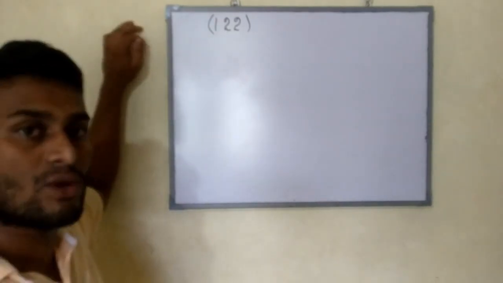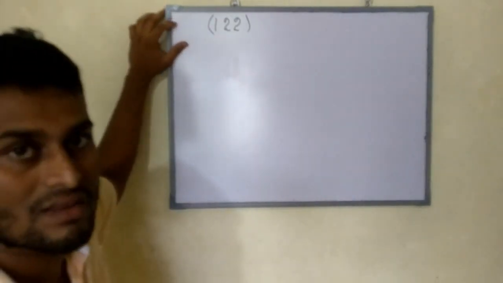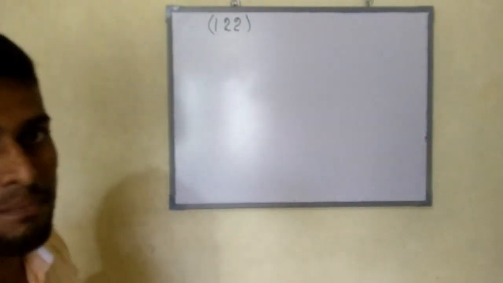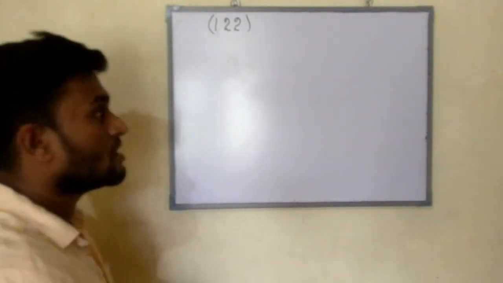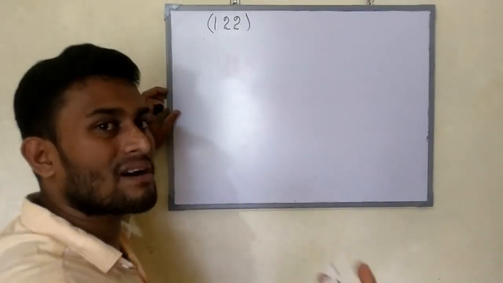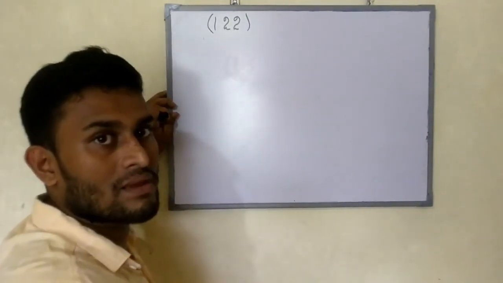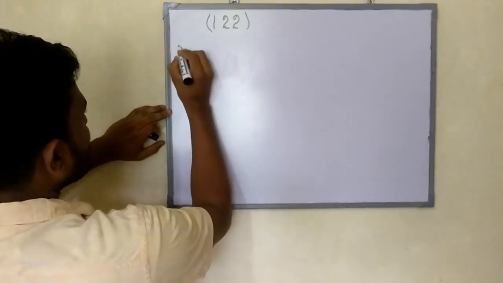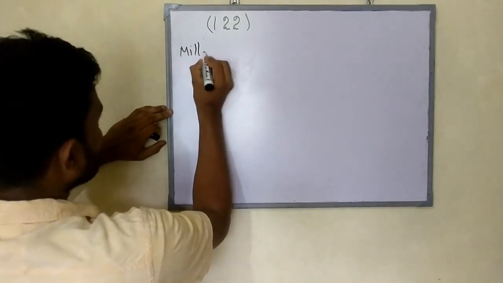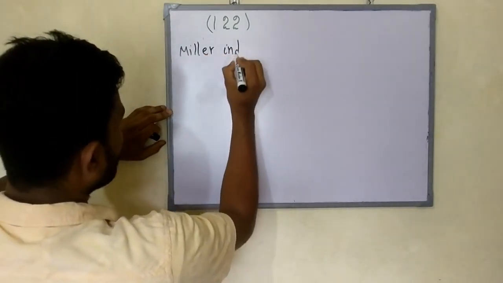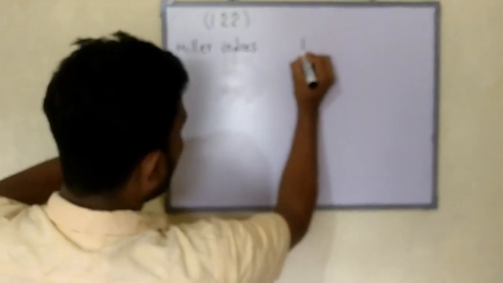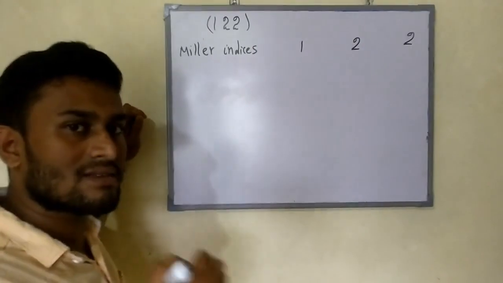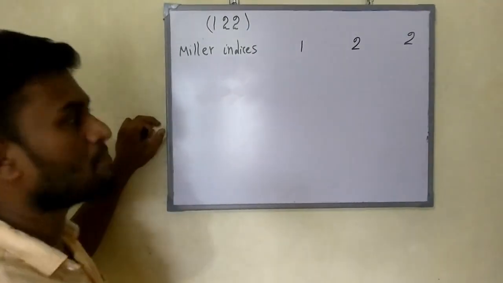Here they have given you particular Miller indices of a plane. Now you want to find out what the intercept lengths are. Here also you can think about the previous steps, but backward. So from this you can take the Miller indices 1, 2 and 2. Now we know Miller indices are directly proportional to the reciprocal of the intercepts.